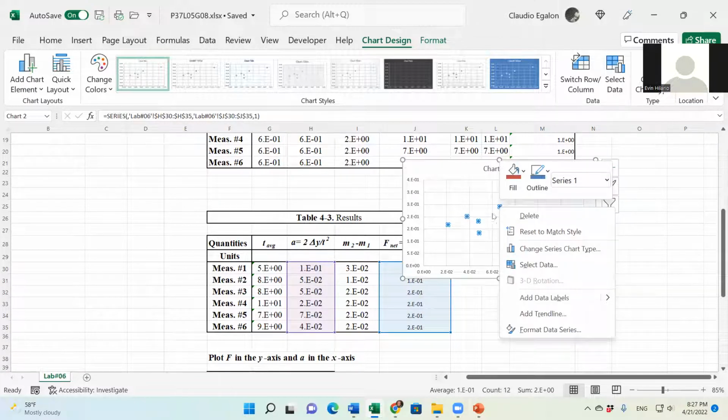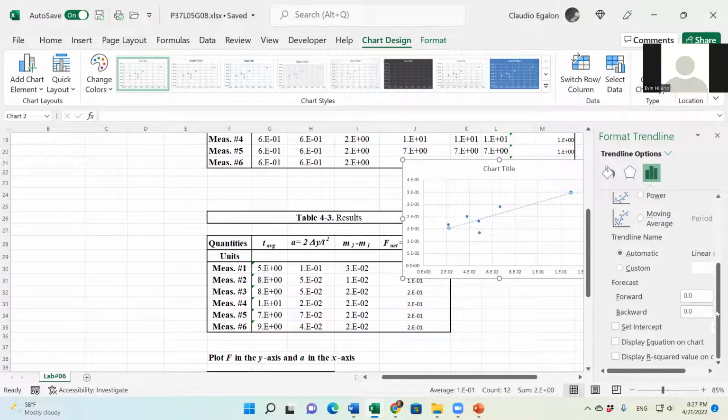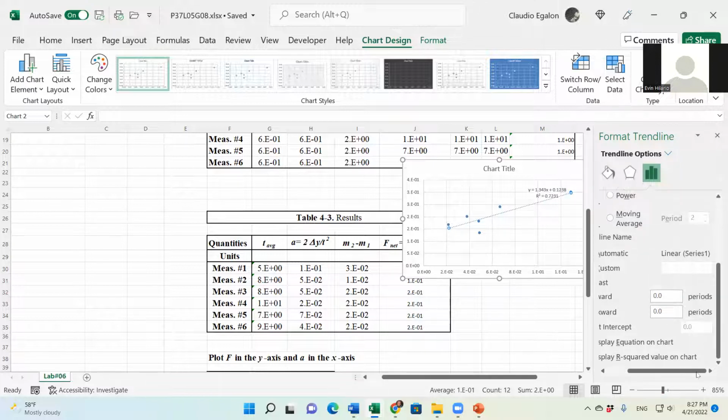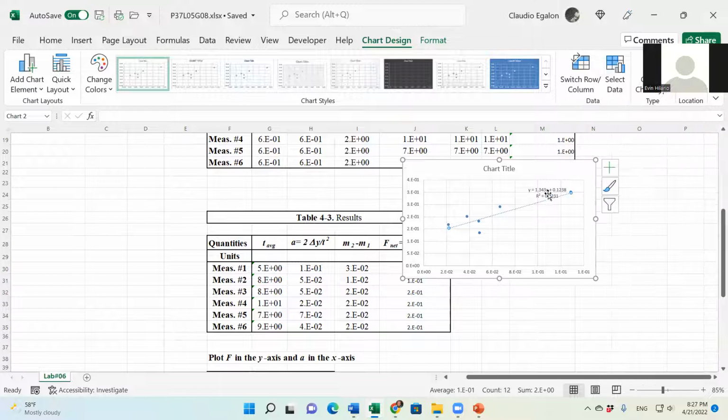Right click, add trendline. This panel shows up on the right side. Display equation on chart, display R squared value on chart. Okay, make sense? Yes, thank you. And here's the slope. That's the slope right in here.